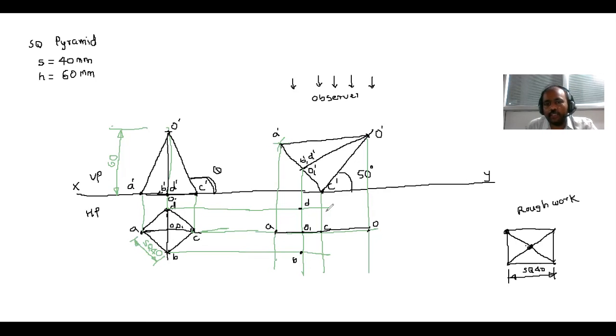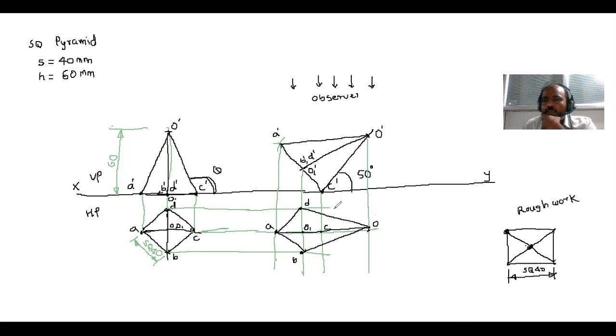Outline means join the outermost lines of the figure. So join O to D, D to A to B, B to O. So join the outermost lines of the figure.